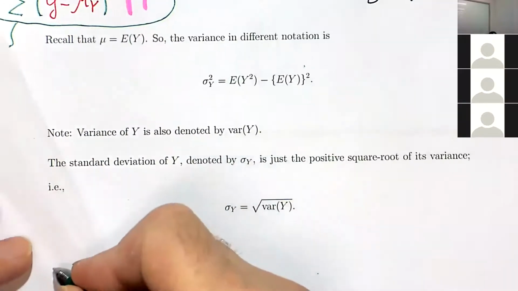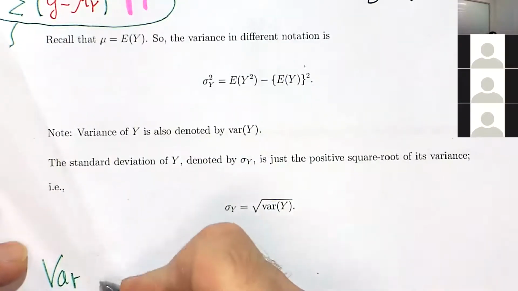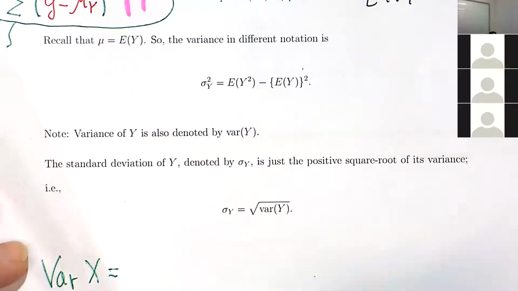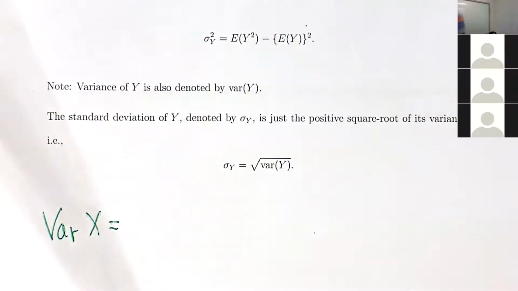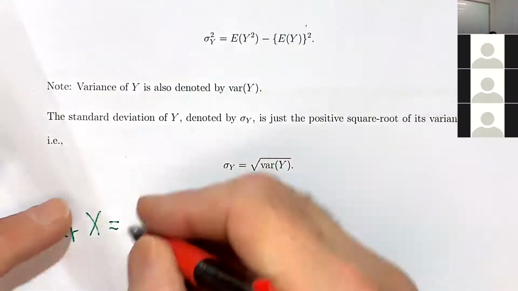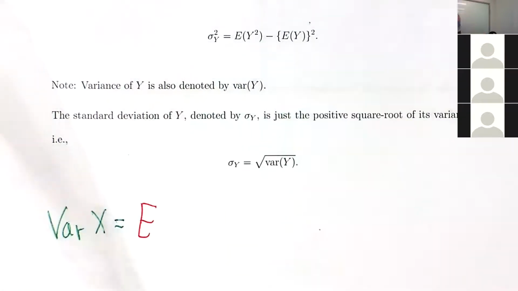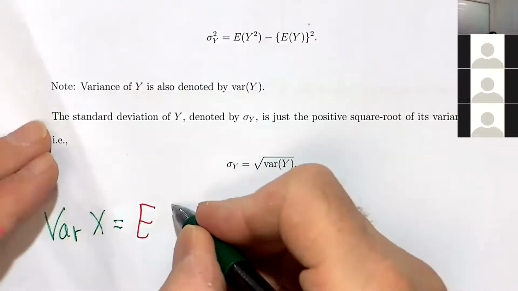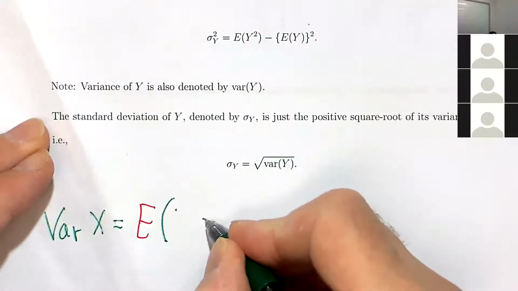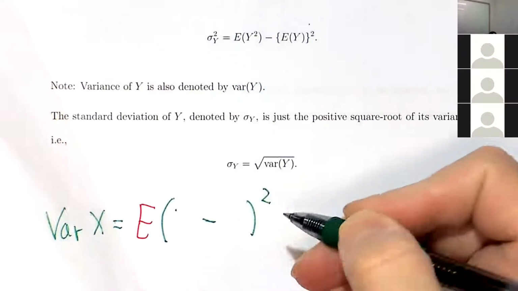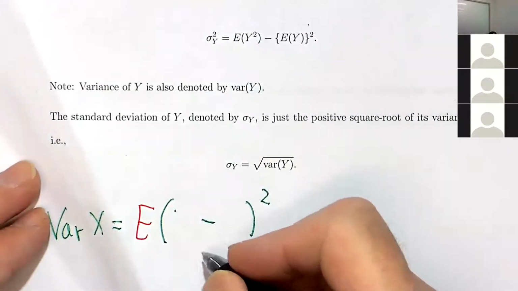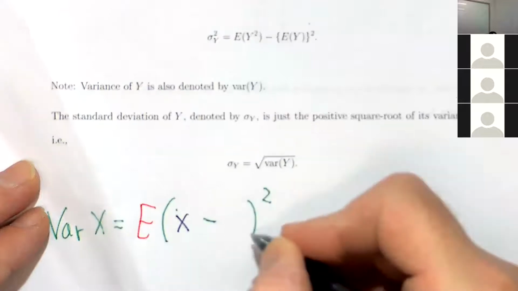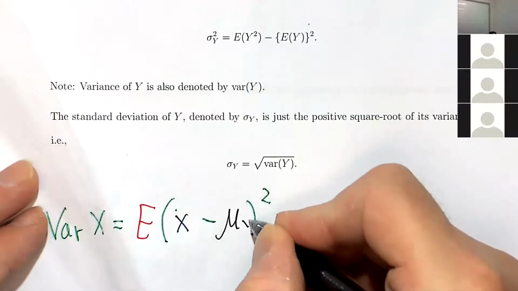So let me start. Variance of x is what? It is the expected value of the squared deviations, so x minus mu x.